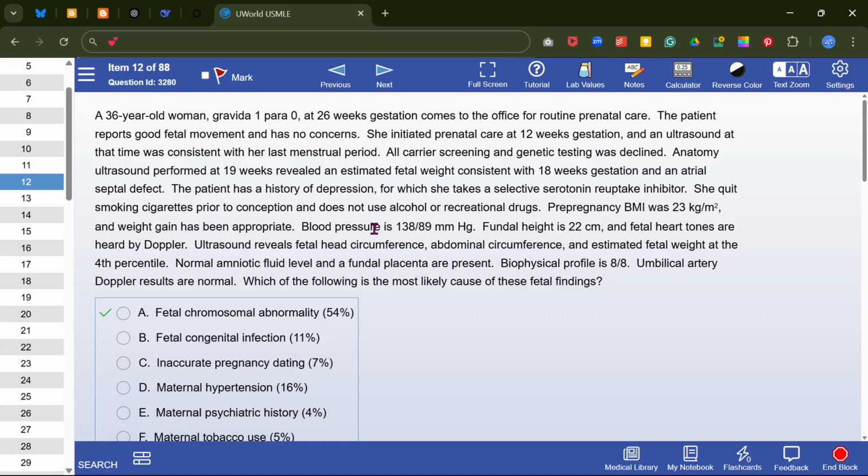So it looks like it happens in the first trimester, because in the first trimester there is organogenesis, so chromosomal abnormality and congenital problems happen in the first trimester. So it is fetal chromosomal abnormality.